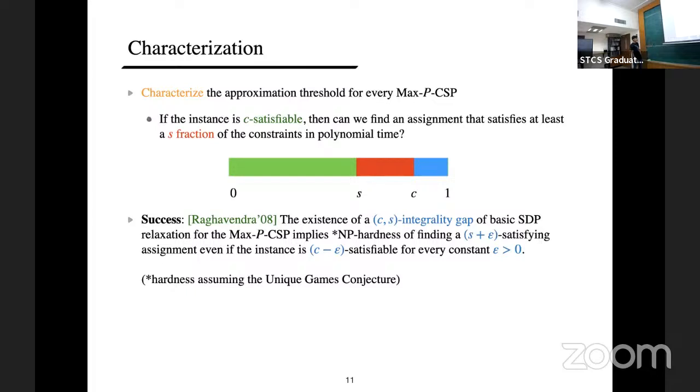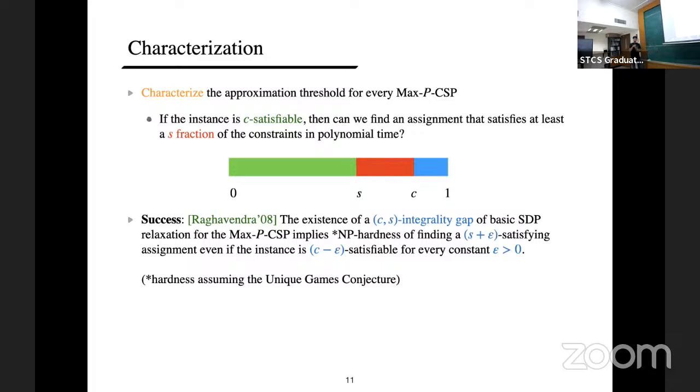And so what Raghavendra's result says is that just give me one instance which exhibits a (C, S) integrality gap for max PCSP, and I can take that instance and convert it into a hardness result. So for example, for CSAT, if you give me an instance with value 7/8, but the SDP value is 1, which is a (1, 7/8) integrality gap, then I can take this instance.